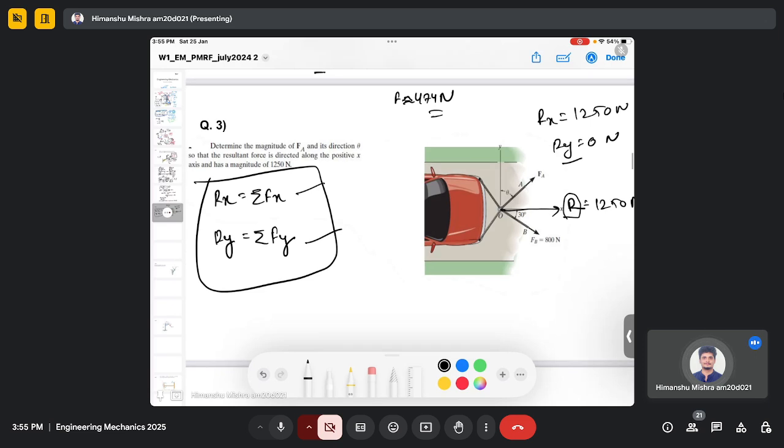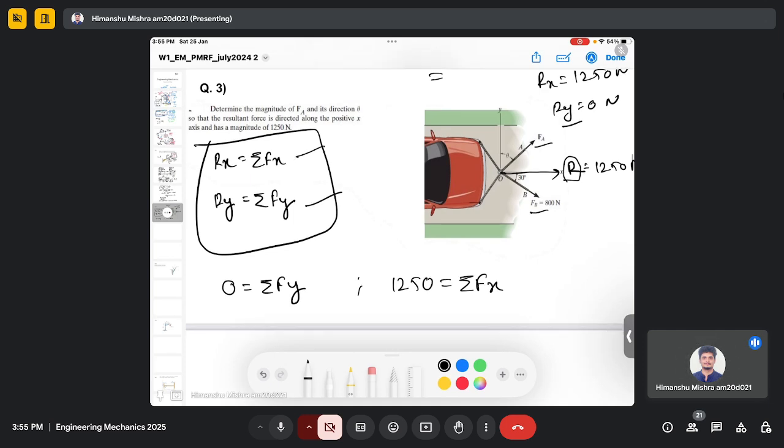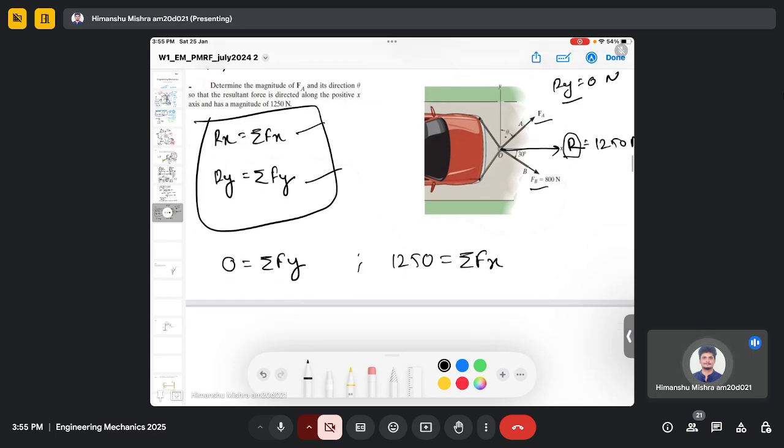Now Ry is 0, so 0 equals the summation of all the forces in the y direction, whereas Rx is 1250, which is equal to the summation of forces in the x direction. And we have been given only two forces here, Fa and Fb, and the angle theta and 30 degrees, so it becomes even easier comparatively to the last question.